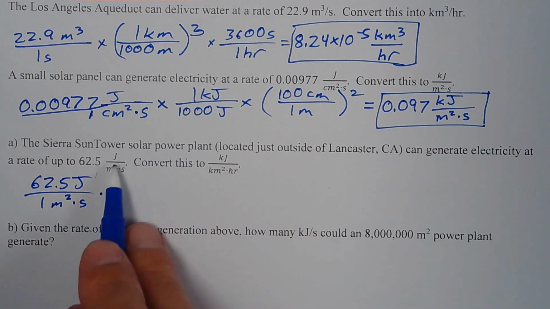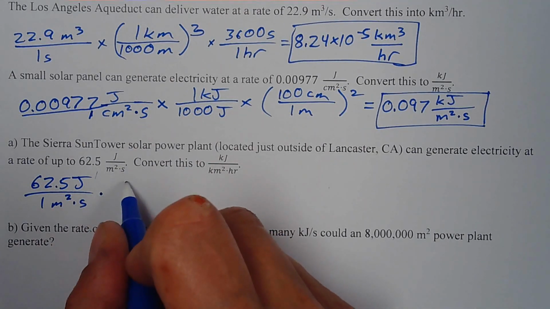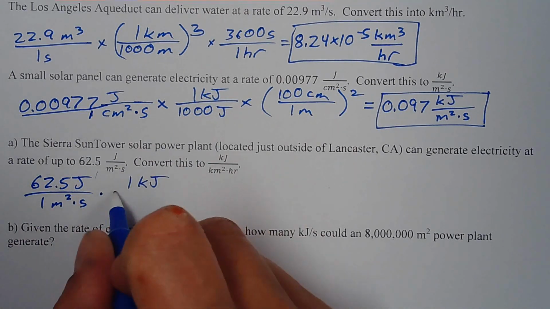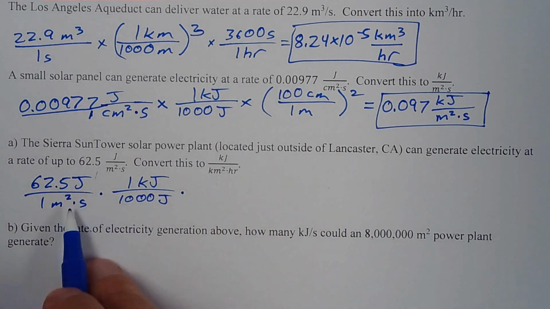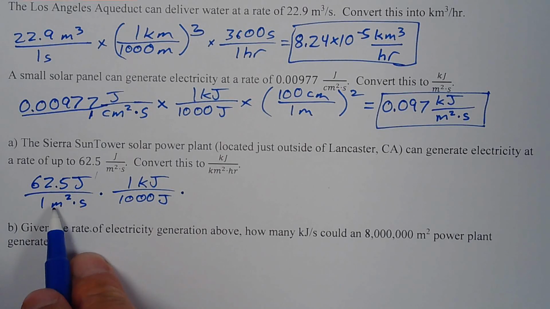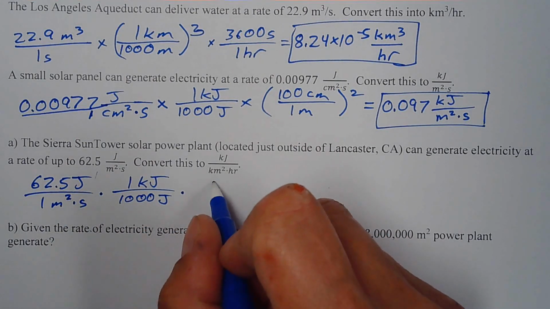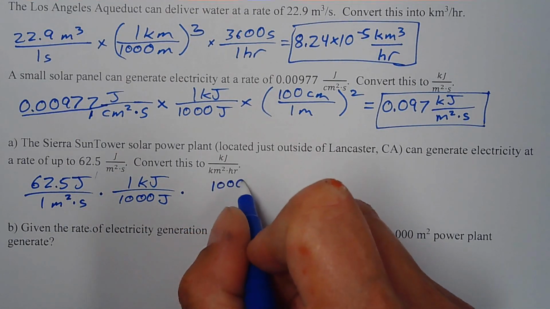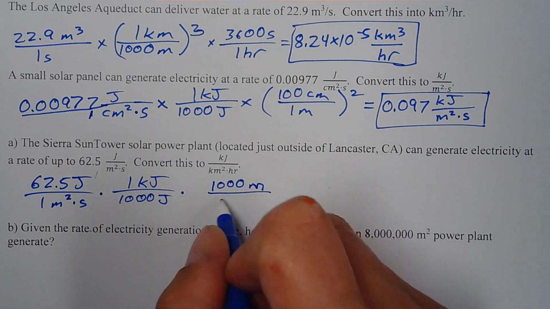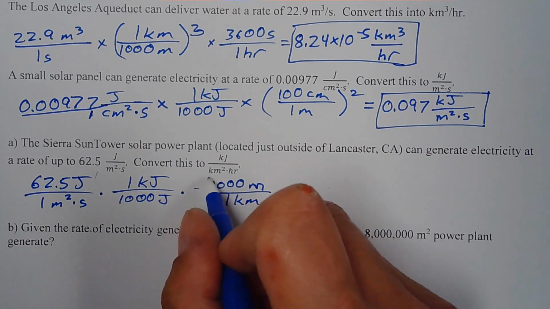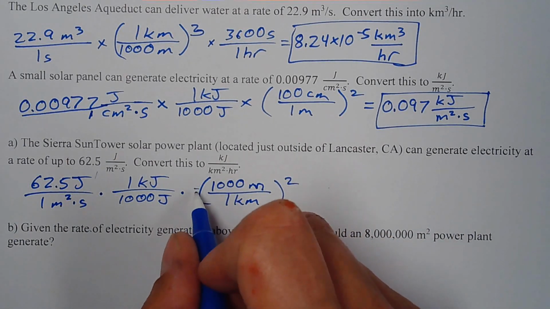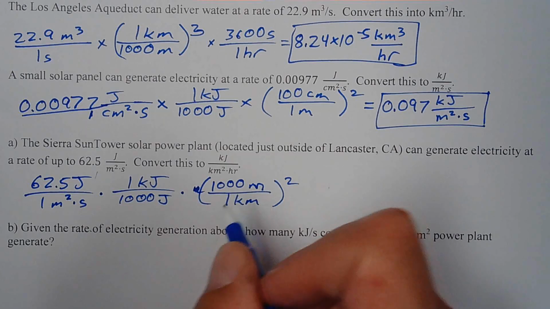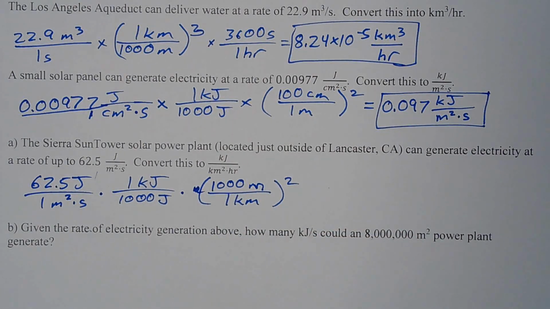And so we need to convert the joules to kilojoules. So that's going to be 1 kilojoule for every 1,000 joules. And then we're going to convert the meters squared into kilometers. That's not a negative sign, that's just my pen touching the paper at the wrong time.